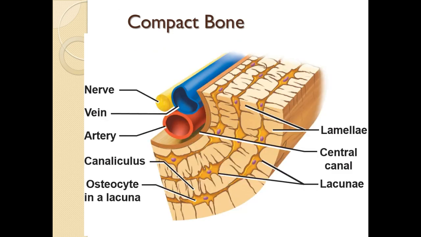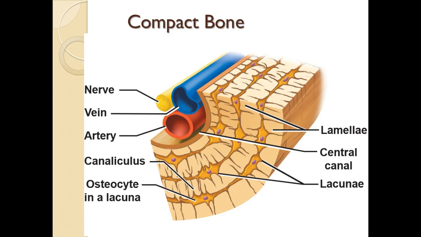Alright. So that's just an up close view. So this one allows you to actually see the osteocytes, the cells with the nucleus within the cells. Oh, and also notice on this one, there's also a term called canaliculus. Forgot about those. Those are important too.